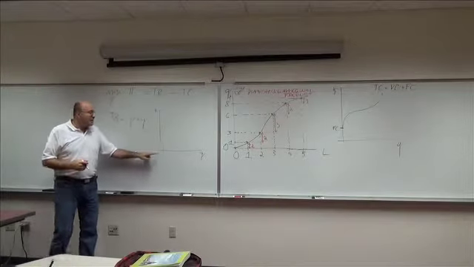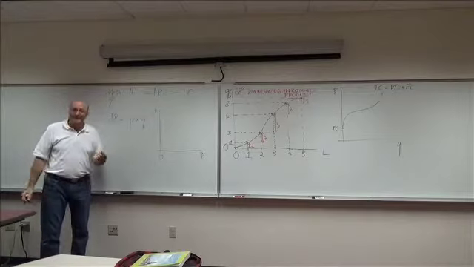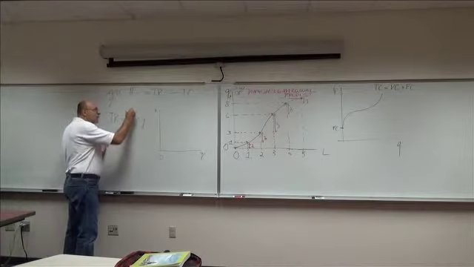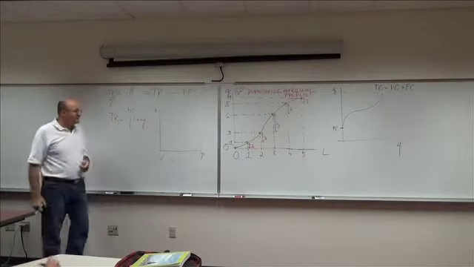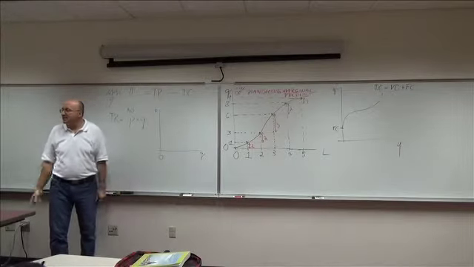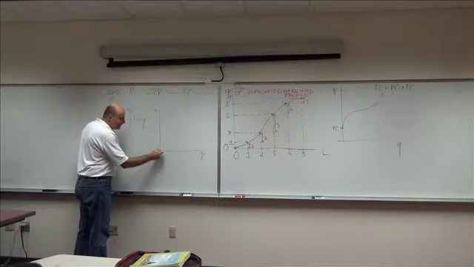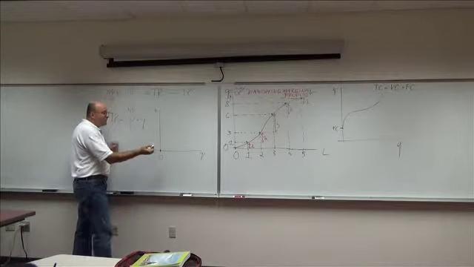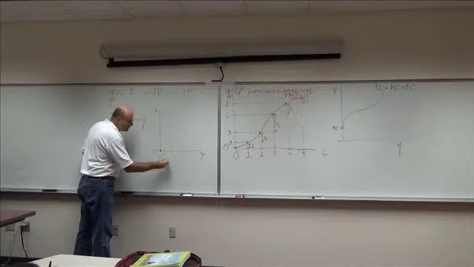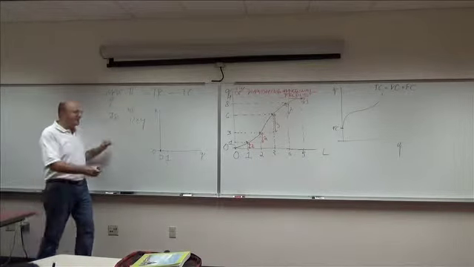For example, if you bake and sell no pizza at the going price of $10 per pizza, what's gonna be your total revenue? If you bake and sell no pizza, how much revenue do you generate? Absolutely none, zero. If you bake and sell one pizza, what's gonna be your total revenue? $10.